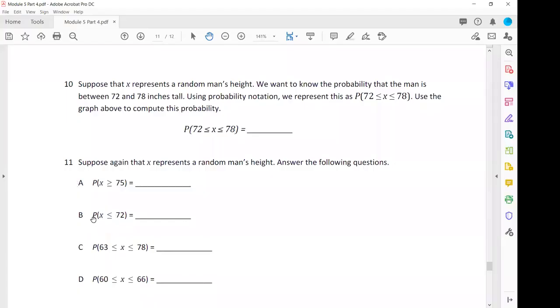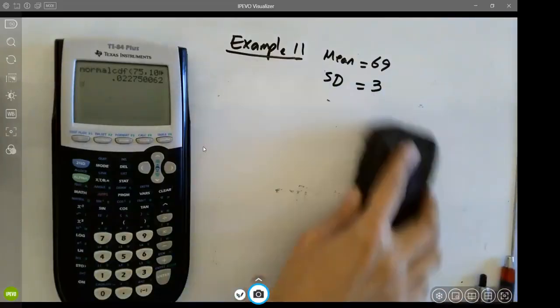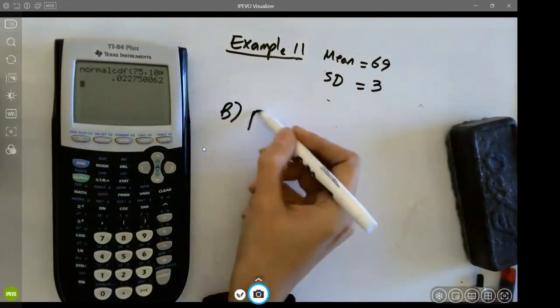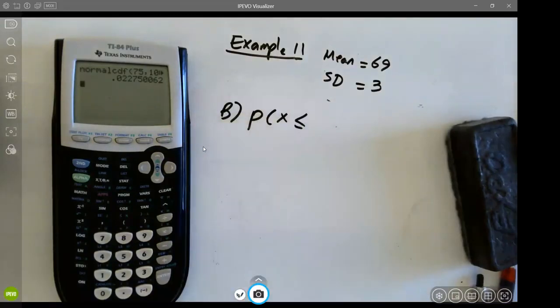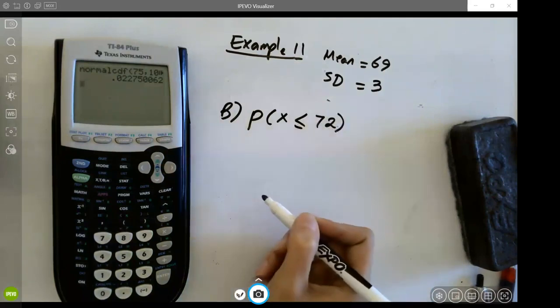Part B says, find the probability that X is less than or equal to 72. So now we want to find the probability that X is less than or equal to 72 inches.